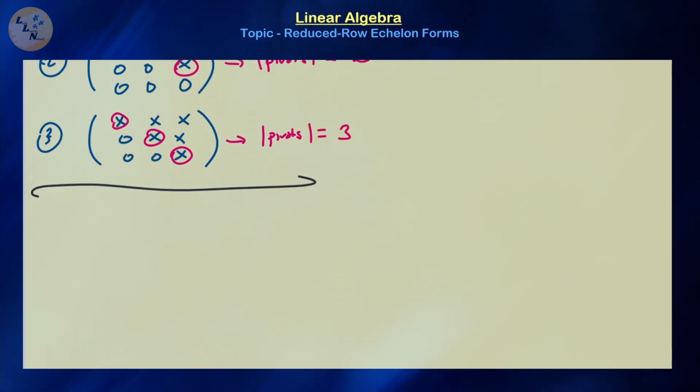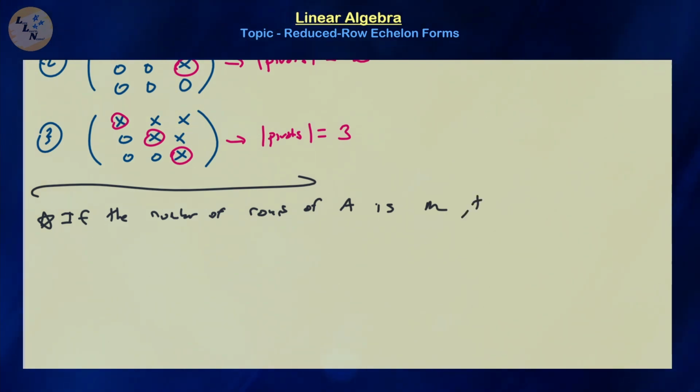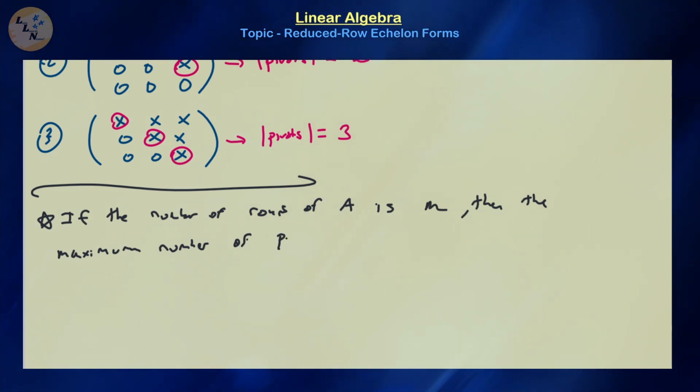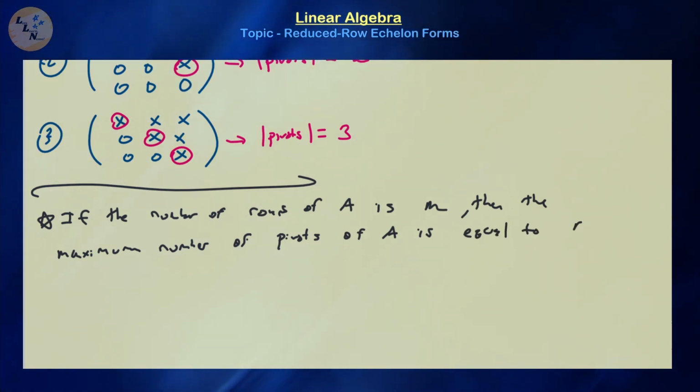Let's state a possible theorem that you should be able to verify on your own. If the number of rows of A is m, then the maximum number of pivots of A is equal to m.